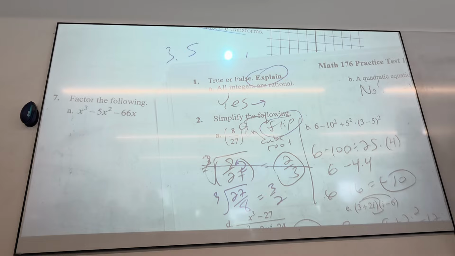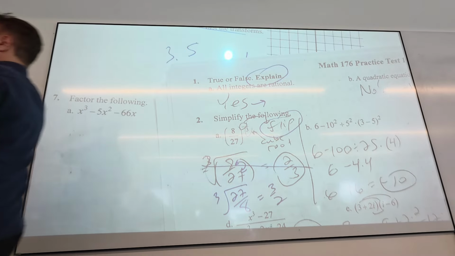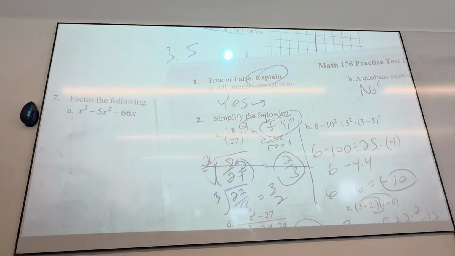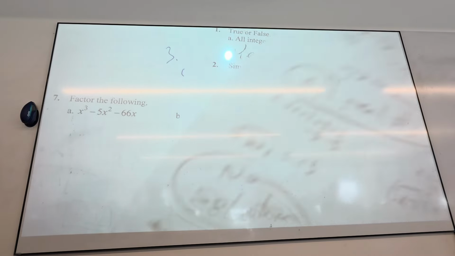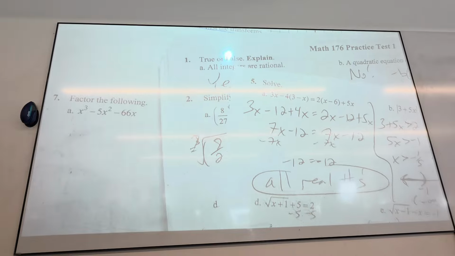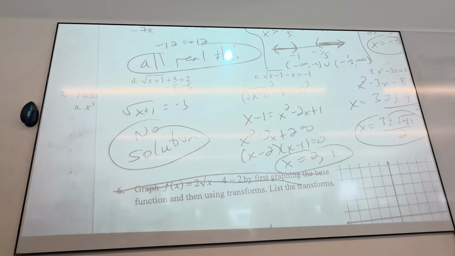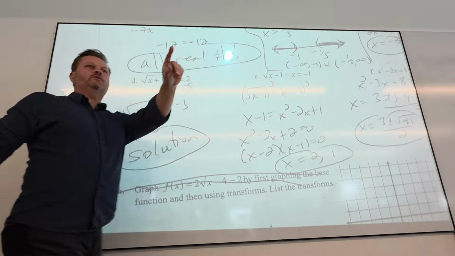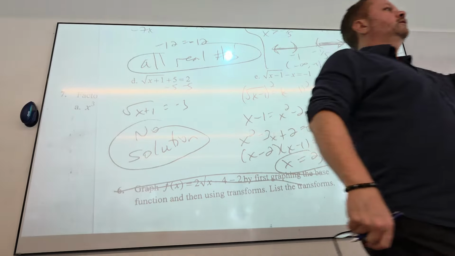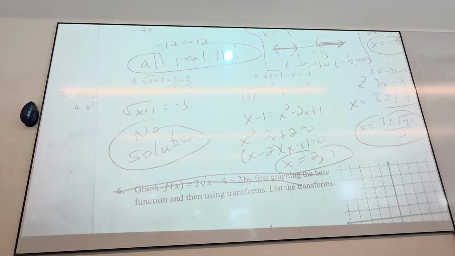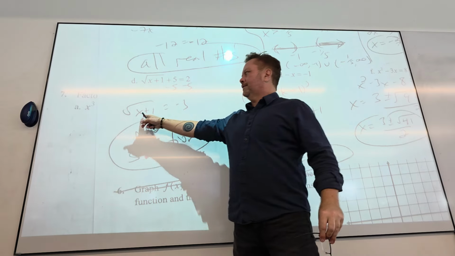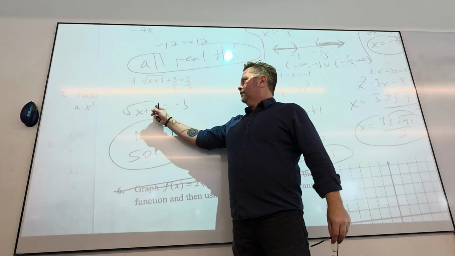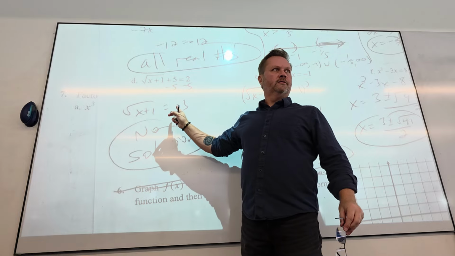For 5D, you said that there was no solution, but I thought if you put it to the power of 2. 5D. Yeah, no solution. There's no way. Again, when I say square root of 9, what's the answer? 3. Why is it not negative 3? Because square root of 9 is the positive answer. So this says the square root of x plus 1, it's positive, equals a negative number.